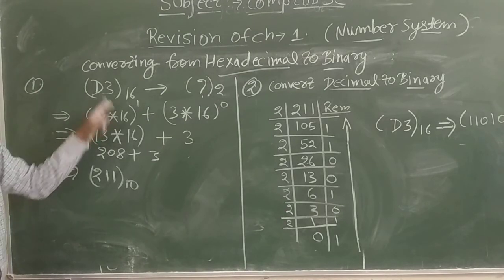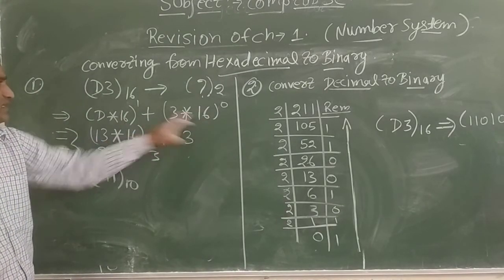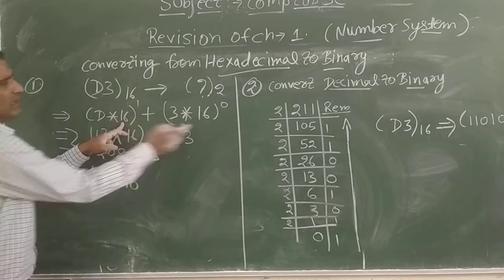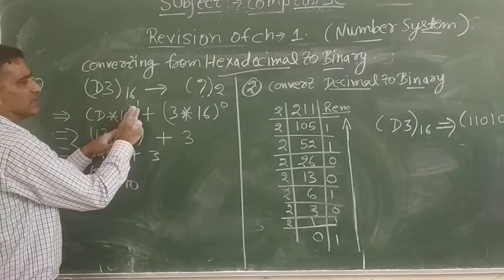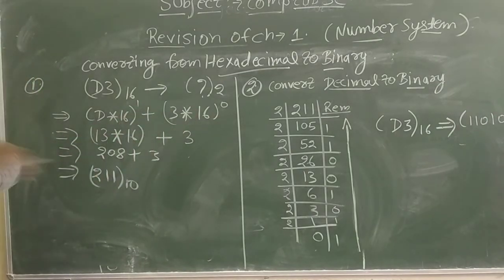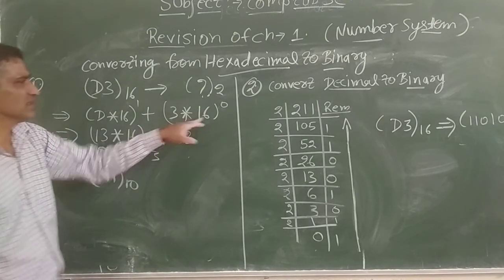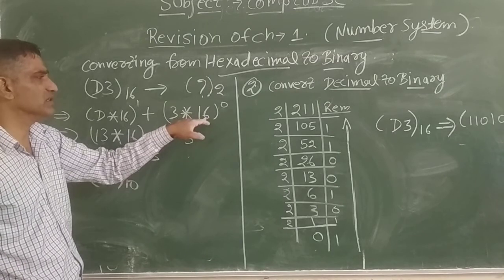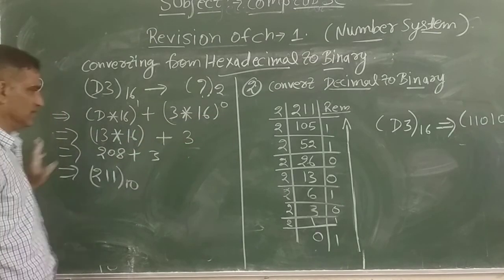D multiplied by 16 plus 3 multiplied by 16. Here we have to write power 0, and the digit power increases by 1. We have to understand D: D represents 13. 13 is multiplied by 16 power 1, and 3 is multiplied by 16 power 0, so we write here 3.